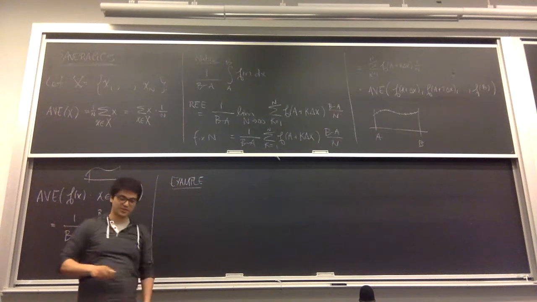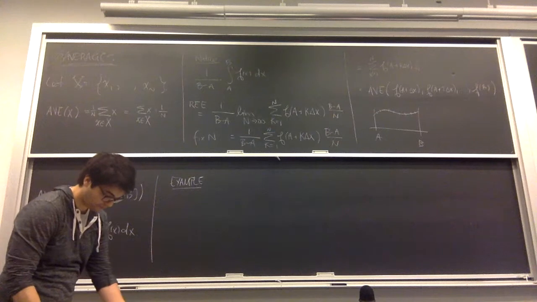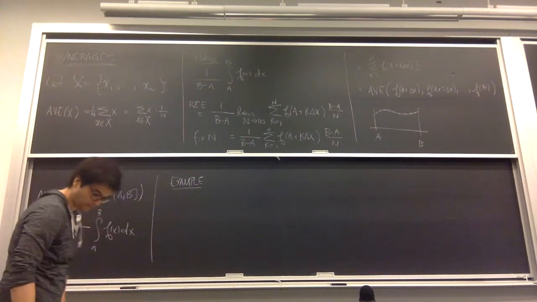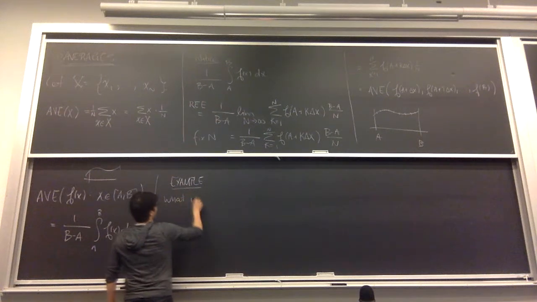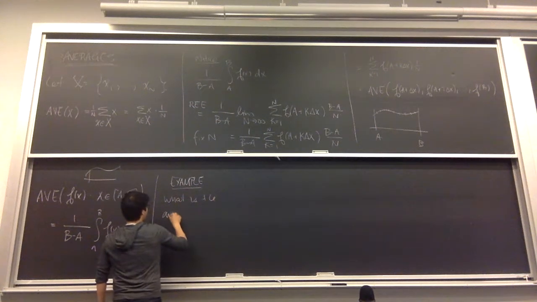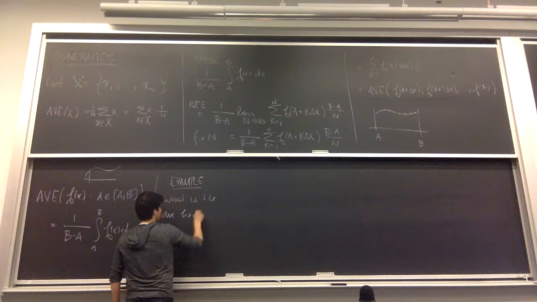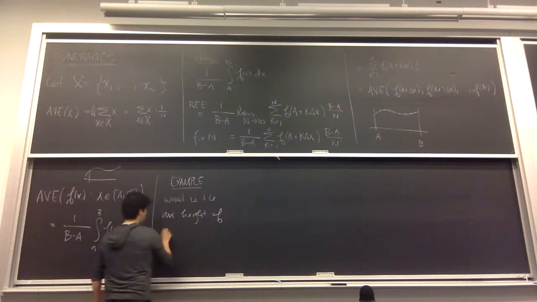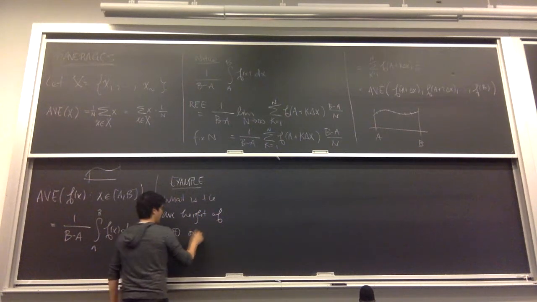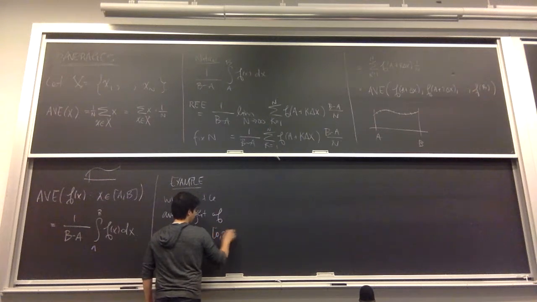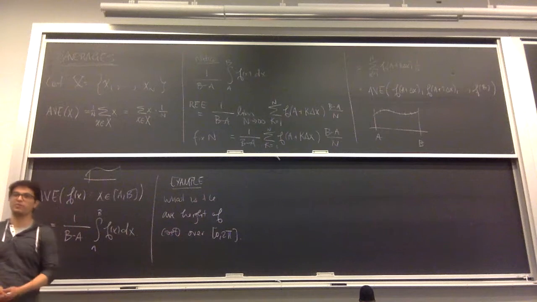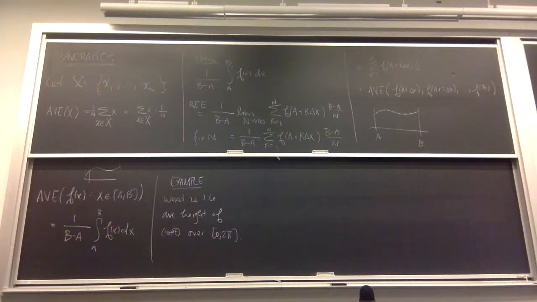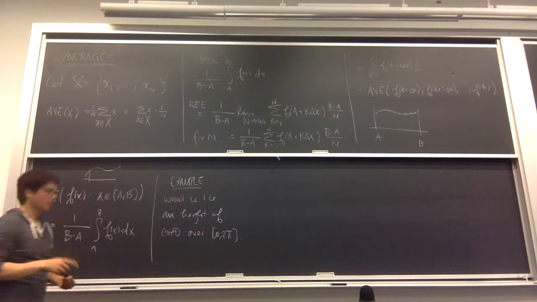Okay, so let's ask some questions. What is the average height of cos over 0 to 2 pi? First intuitively tell me what the answer should be. If we look at a whole period of cos, what would we expect the average height to be? Zero. I think you're right.